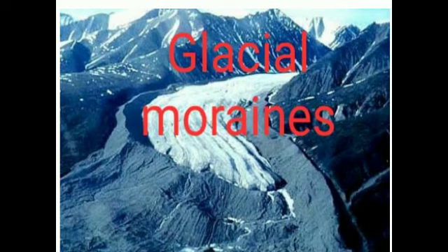Okay. Moraines, see here, glacial moraines. Look at the picture. When the glacier starts melting, its capacity to carry load is reduced. Thus, rock materials are deposited on the sides and floor of the valley.